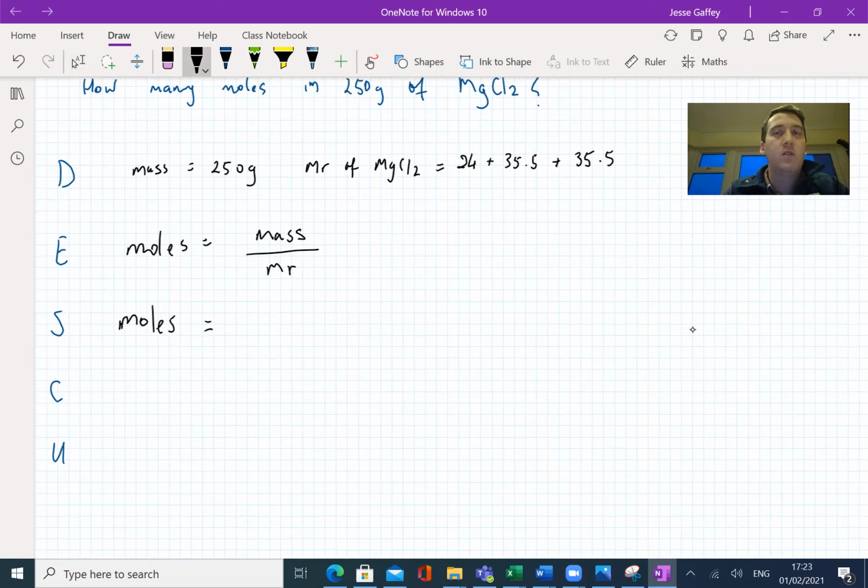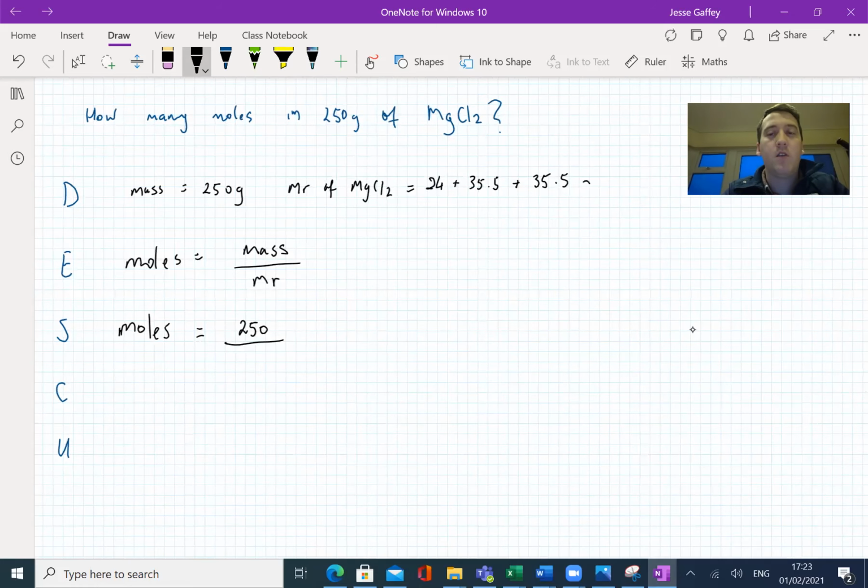Moles then equals, all right, we're going to substitute. So we're going to put in for our mass 250 grams. We can leave off the units for now, actually, 250, and divide it by the MR, which was, actually, I never worked it out up here. This should be calculated. 95. Okay, yeah, 95.